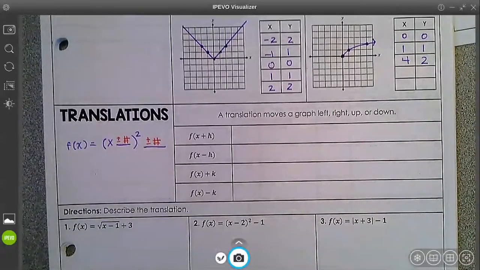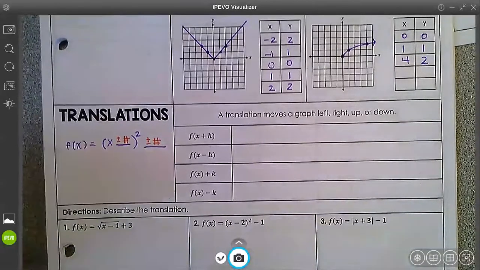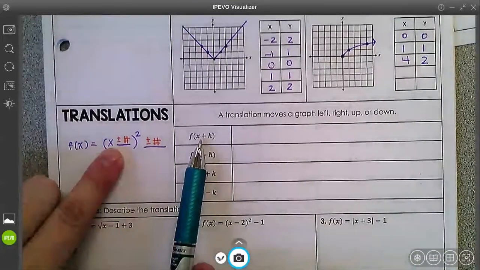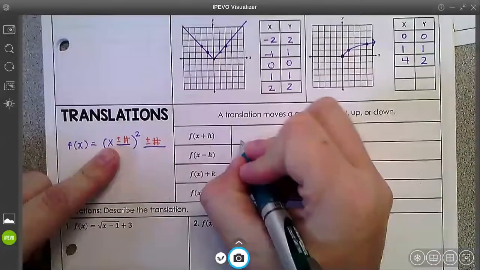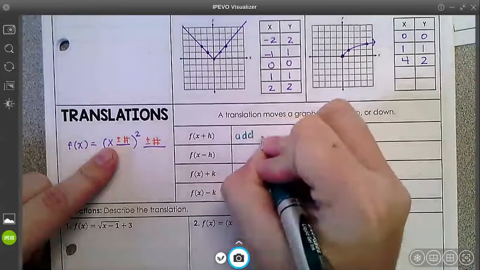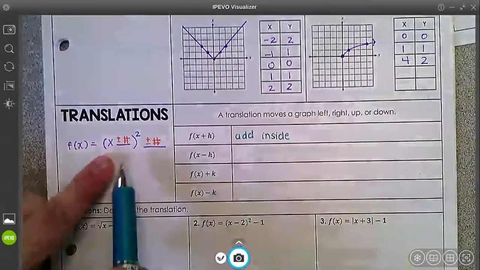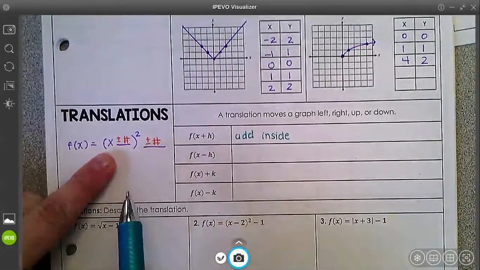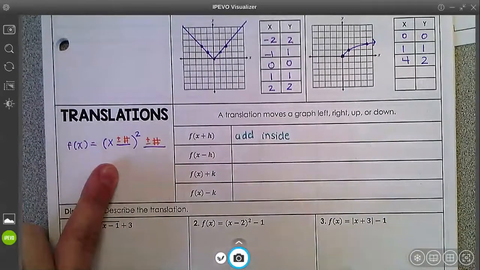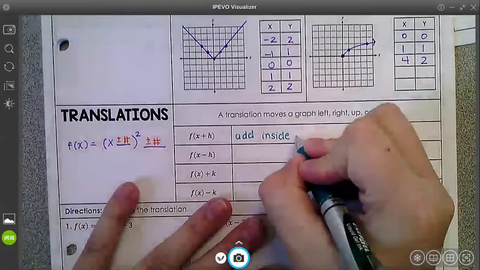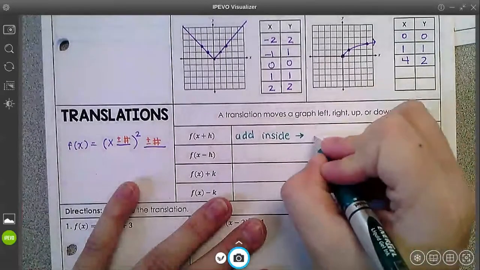So the first one, if the number is being added on the inside, so if it's being added inside or right with the x, that moves it left.